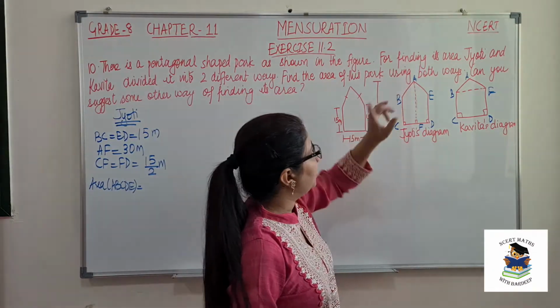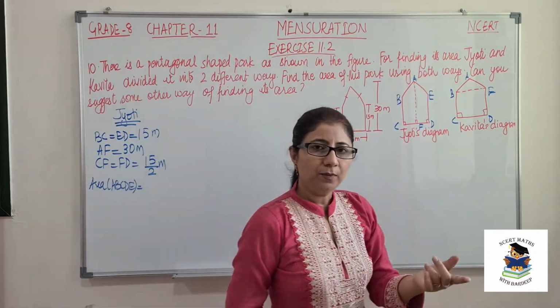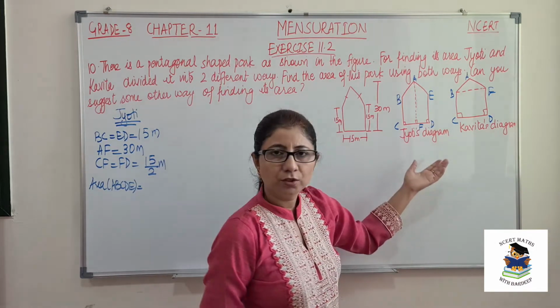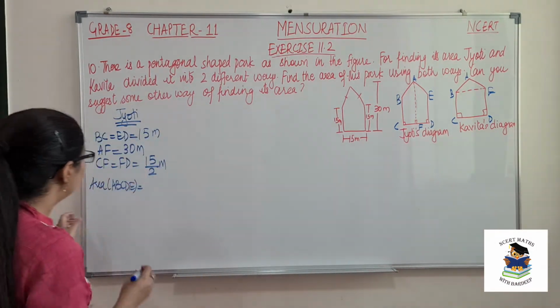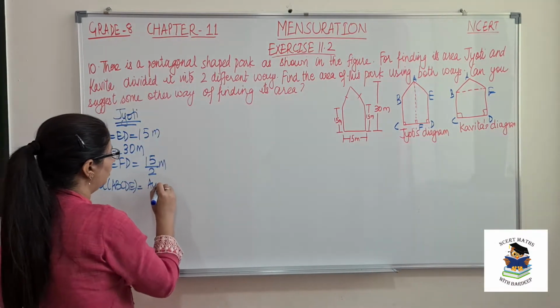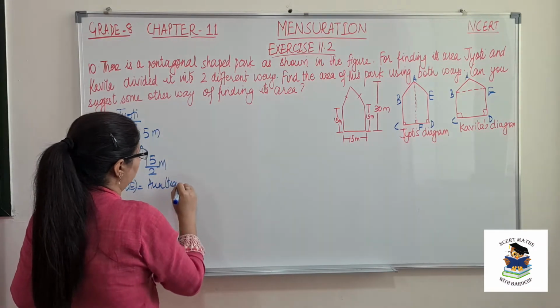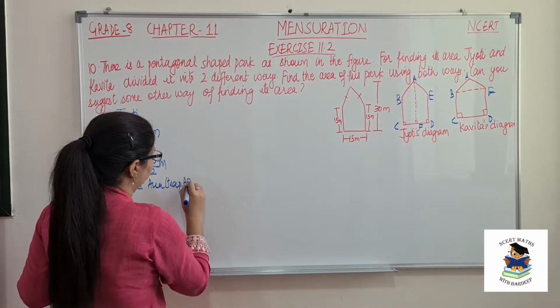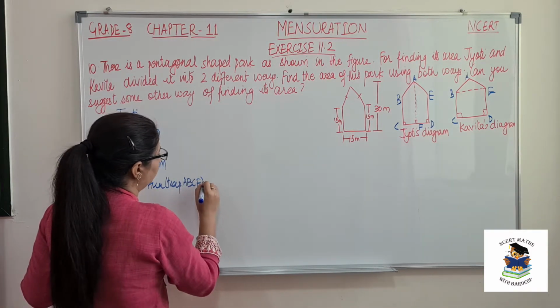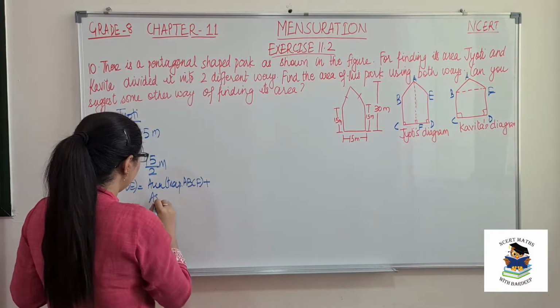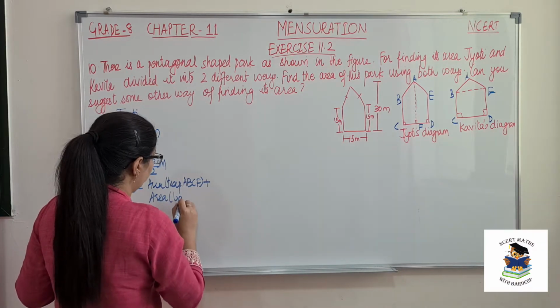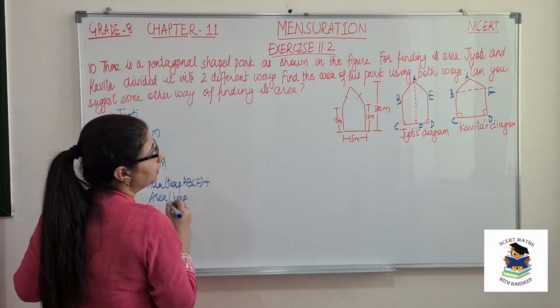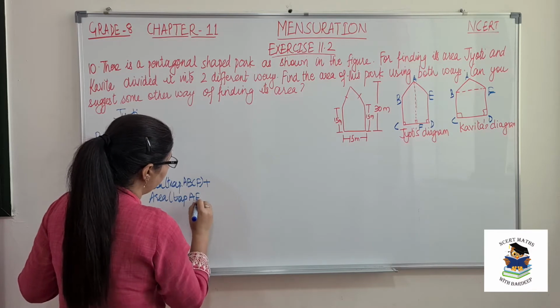So if we find the area of one trapezium, just multiply it with 2 and we will get the full area. Or we can write area of trapezium ABCF plus area of trapezium AEDF.